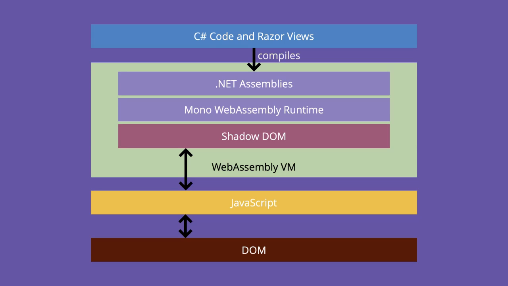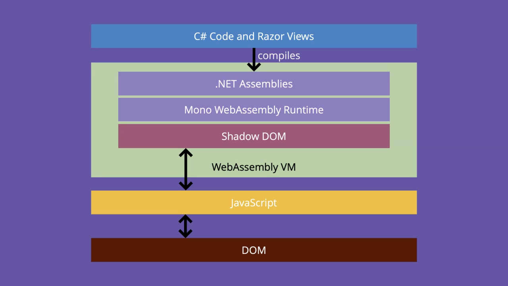And Blazor essentially has something like a shadow DOM, where we build up in our WebAssembly VM essentially the component tree that we are rendering. The important thing here is that WebAssembly itself cannot update the DOM. And for that, we need some JavaScript. This JavaScript we don't have to care about.